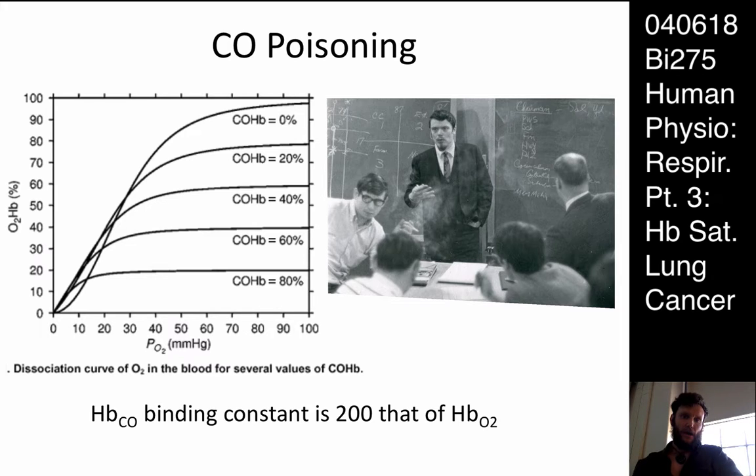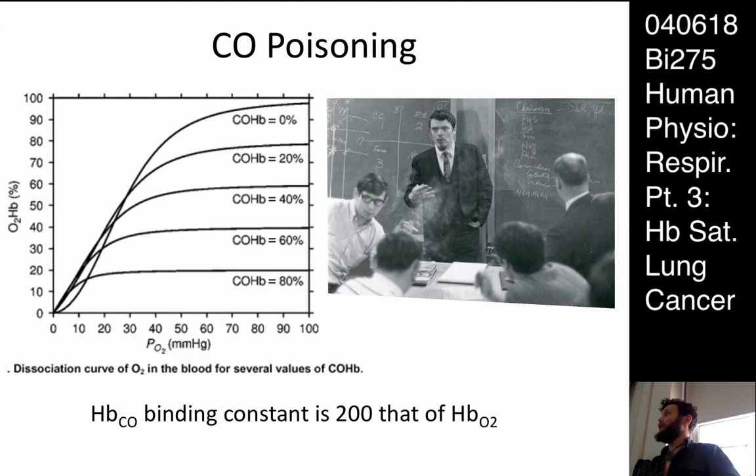Carbon monoxide has a binding constant that's 200 times, over 2 orders of magnitude, larger than that of oxygen for hemoglobin. Carbon monoxide likes to bind to Fe2 plus and stay there.